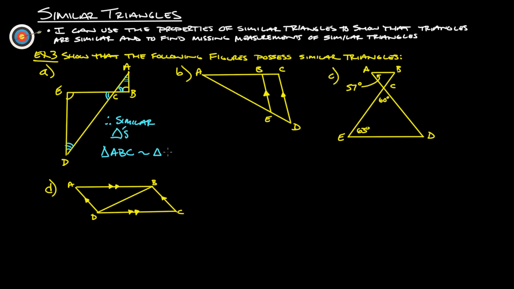So we're going to start with D. And then B is the single one, and that's E. And then C is the same on both of those. Okay? So triangle ABC is similar to triangle DEC.